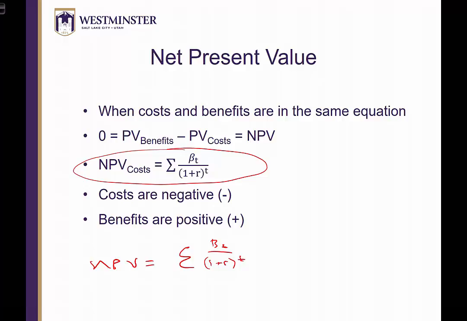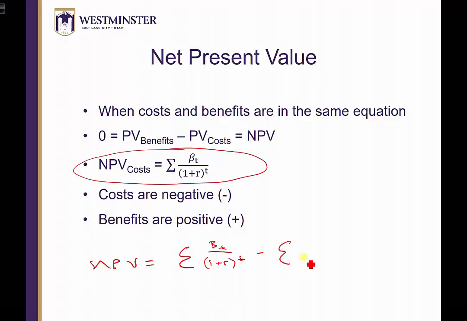So we're going to look at each of this. This is going to be a summation. So we'll take every one of the benefits. We're going to call those B for benefit at time t. So there might be numerous of them over numerous periods. We're going to divide that by 1 plus r, our discount rate, to the power of t, t being an exponent for number of years or periods here.